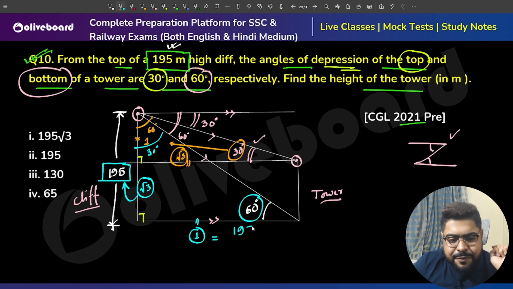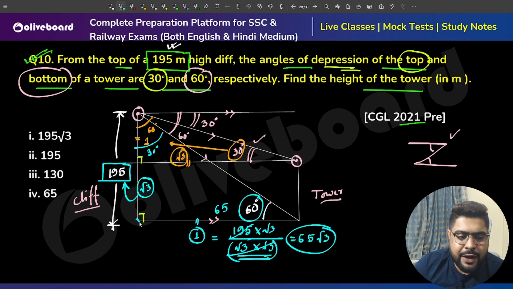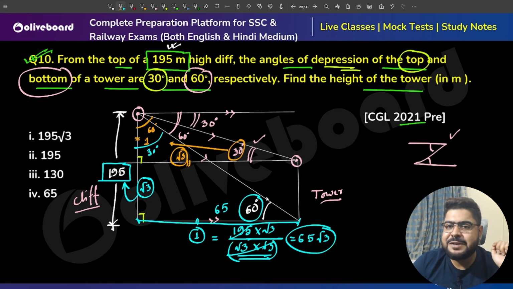195 divided by root 3, sir. So let's multiply by root 3 here. So this is root 3 into root 3, which is 3. Cancel this: 3 sixes are 18, 3 fives are 15, so I am getting 65 root 3. That is the length from here to here, sir. If this is 65 root 3, this is also 65 root 3.